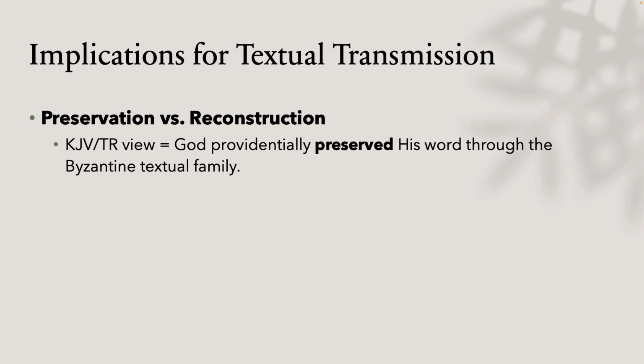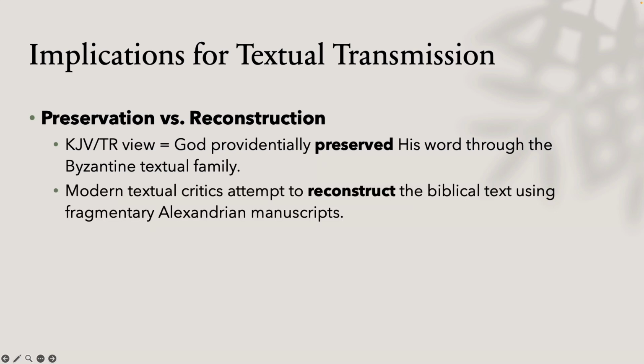The King James Textus Receptus view believes that God providentially preserved his work through the Byzantine textual family, ensuring its integrity and accuracy through the vast majority of manuscripts. Whereas the modern textual critics attempt to reconstruct the biblical text using fragmentary Alexandrian manuscripts, which again exhibit significant omissions and inconsistencies within the text.